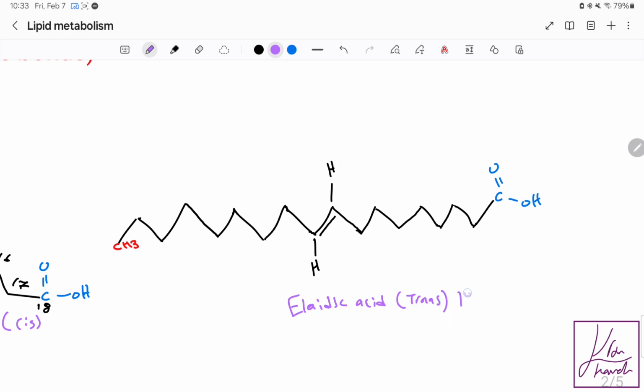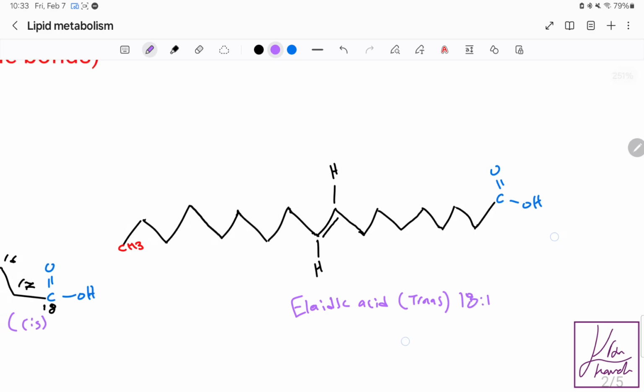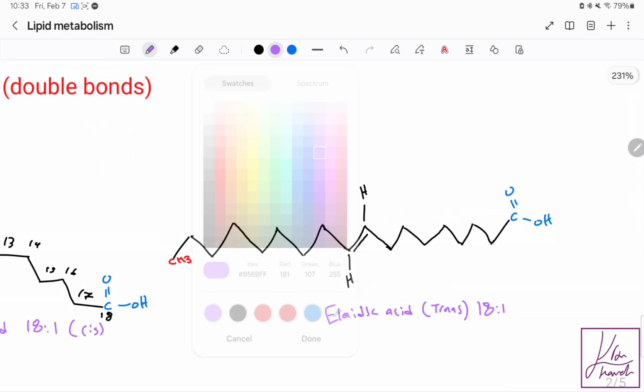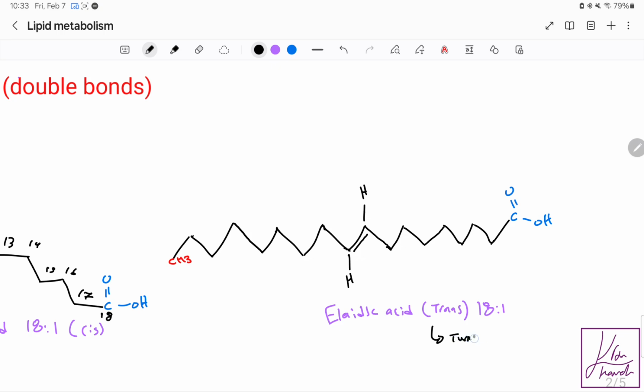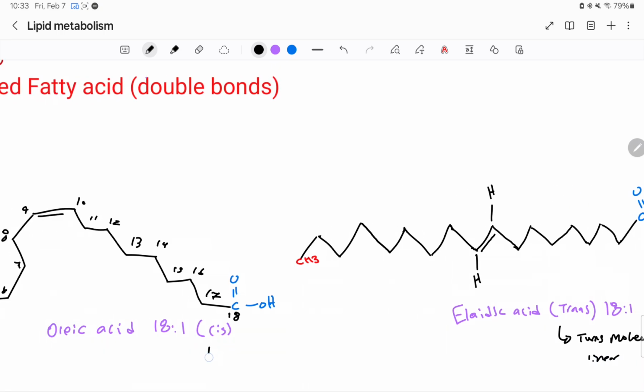And it's still 18 carbons, 1 double bond. Still the same thing. But the trans form turns the molecule linear, whereas the cis form makes a kink, or this U-shaped kind of orientation.